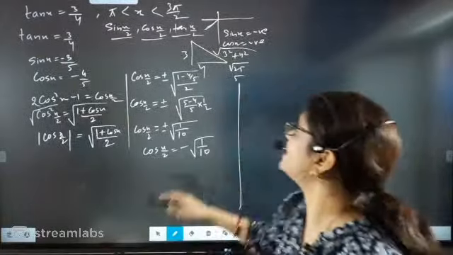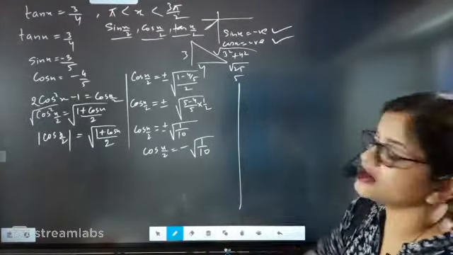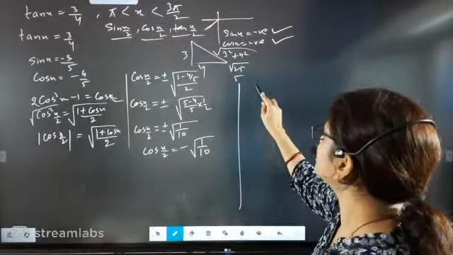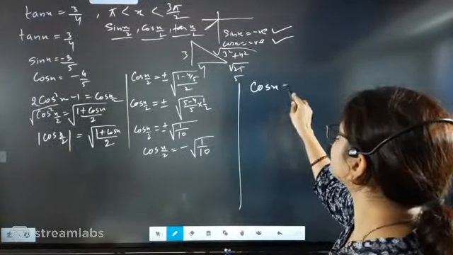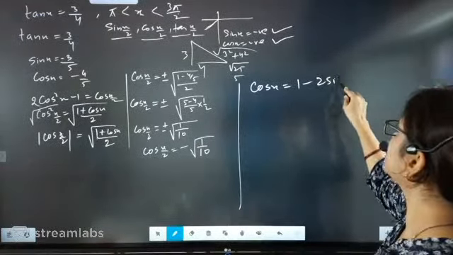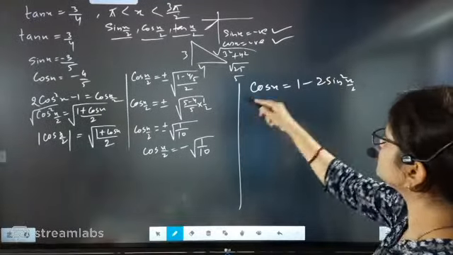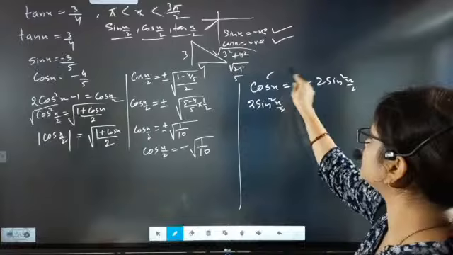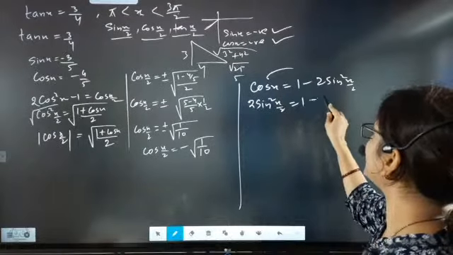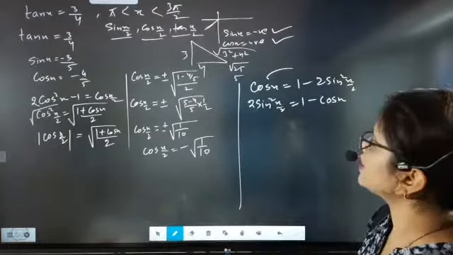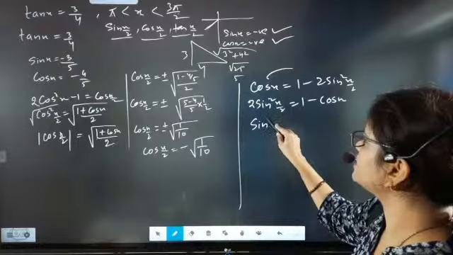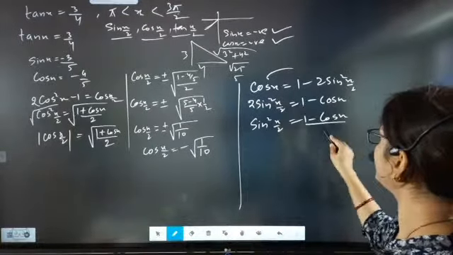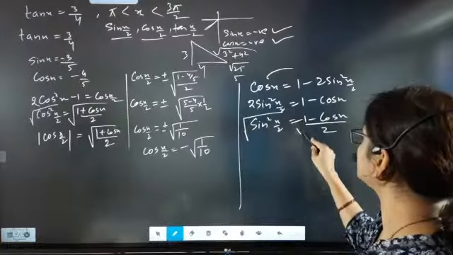Again, I told you sin x is negative, cos x is negative, so x is in the third quadrant. You reduce the angle. Now the second case: cos x is equal to 1 minus 2 sin square x by 2. Shift this one to that side, so it becomes 2 sin square x by 2 equals 1 minus cos x. That means sin square x by 2 becomes (1 minus cos x) by 2. Take the square root on both sides, beta.